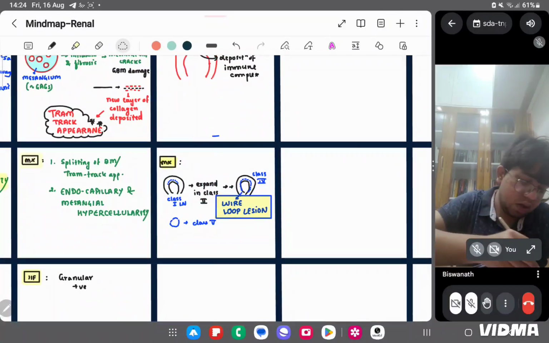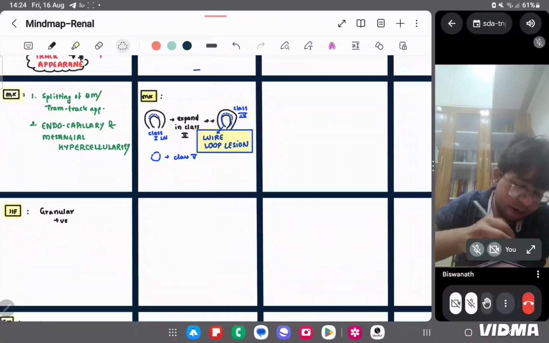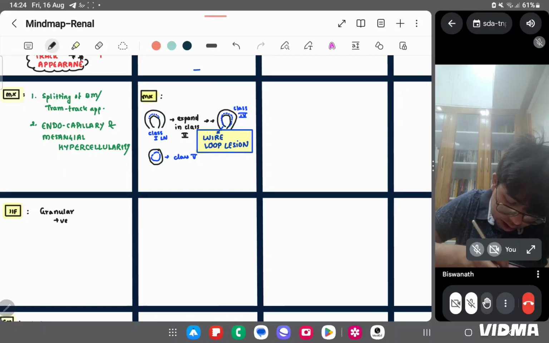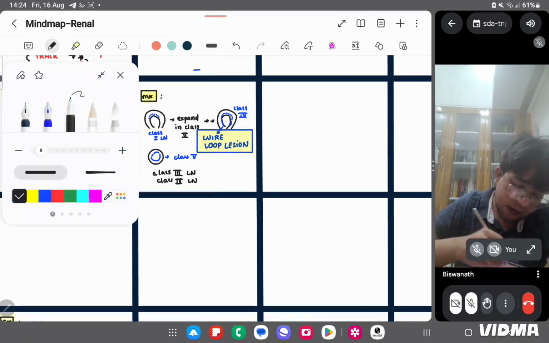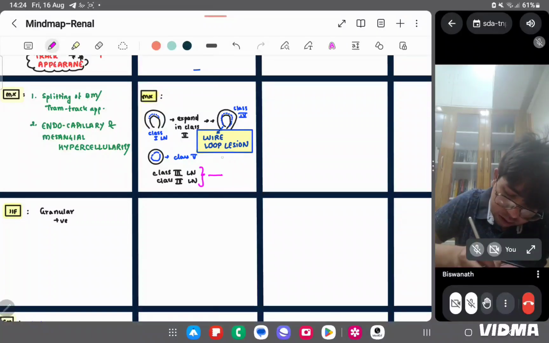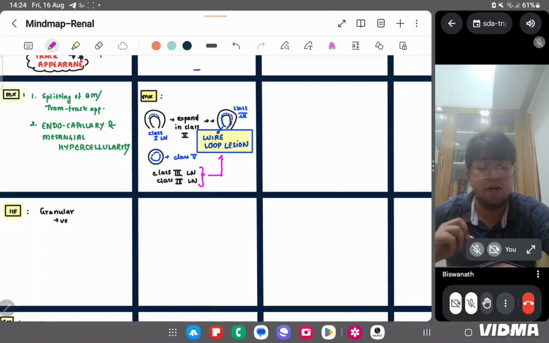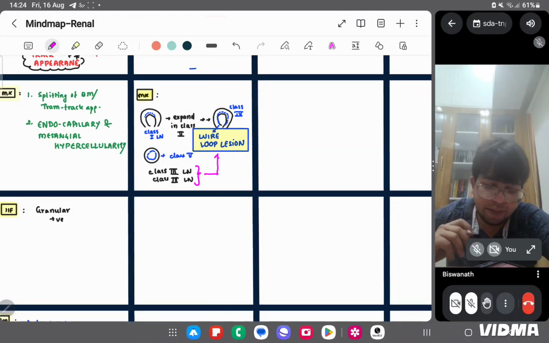Class 5 is a complete damage. In class 3 and class 4 LN, we see wire loop lesions, so you will see a deposition there.